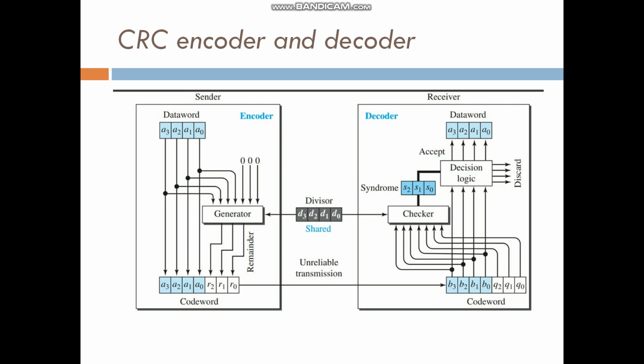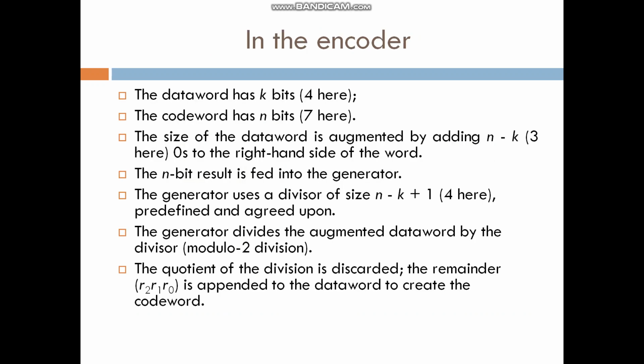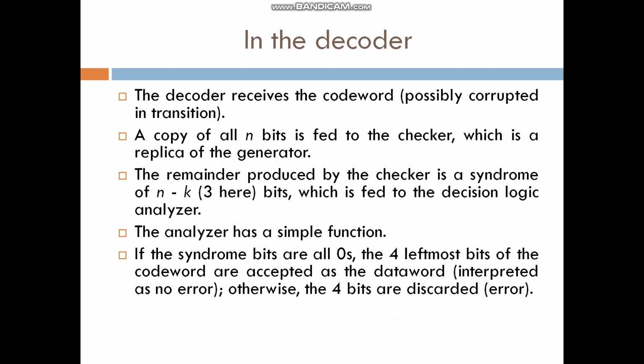Otherwise, if the syndrome bits are non-zero, that is, any one bit of the syndrome is 1, then the data is discarded because it is affected by errors. So we can check in the decoder what the process of the decoder is. The decoder receives the code word, possibly corrupted.